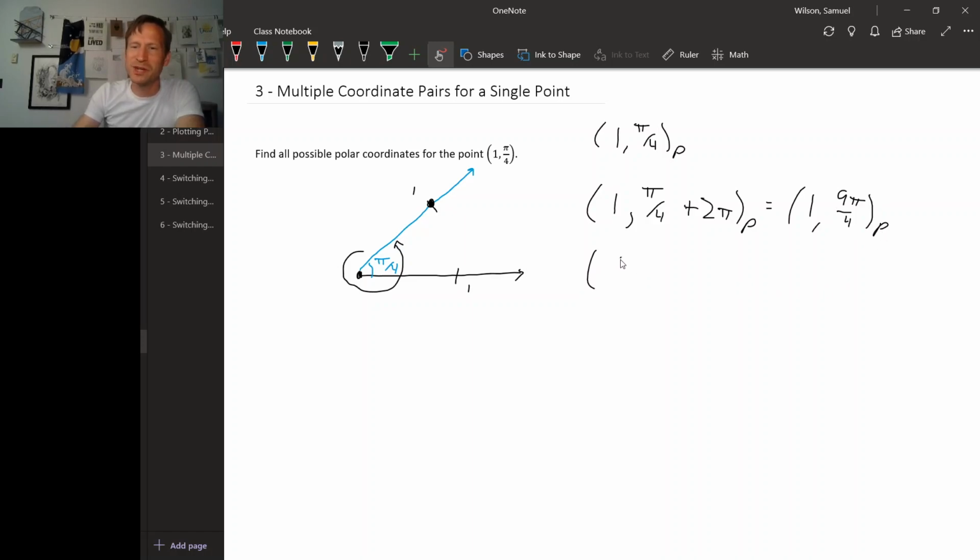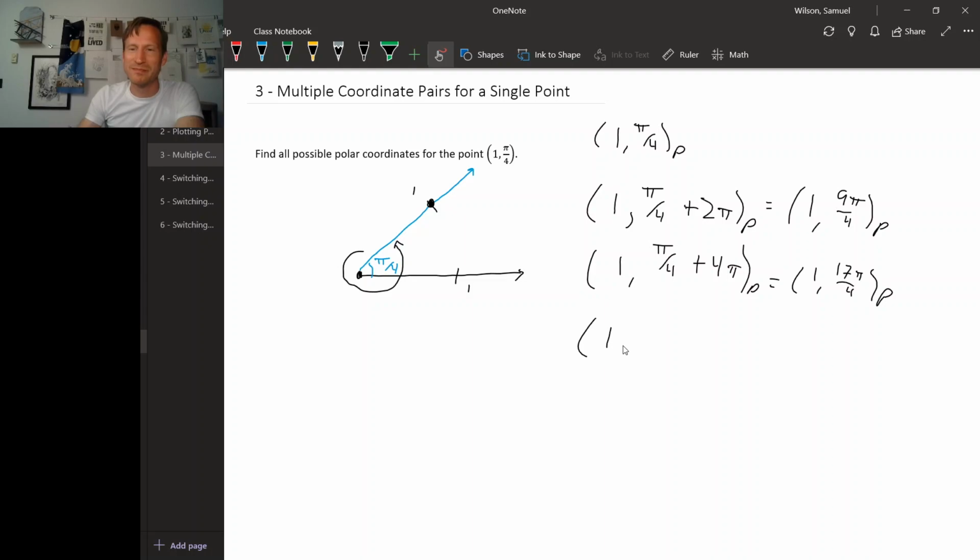But we could add not just 2 pi, but 4 pi. We could go around twice instead of just once. So 4 pi is 16 pi over 4 plus one more is 17 pi over 4. You can see that we could add or even subtract any multiple of 2 pi.